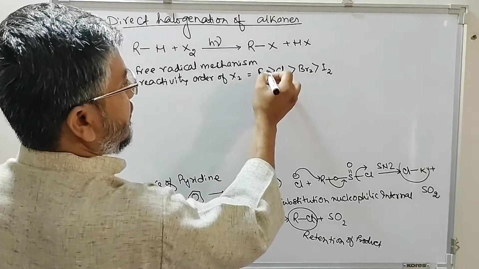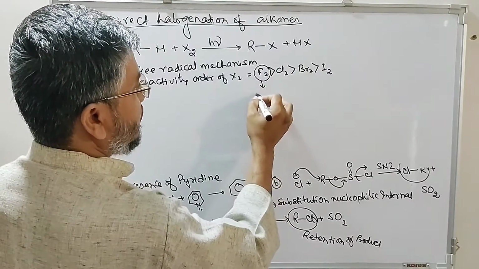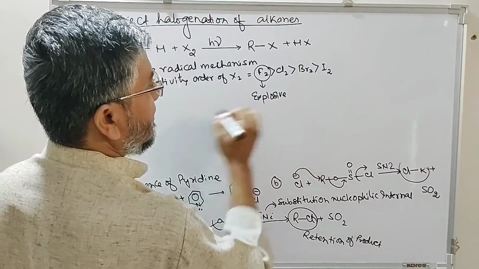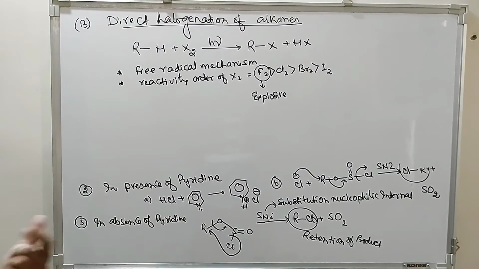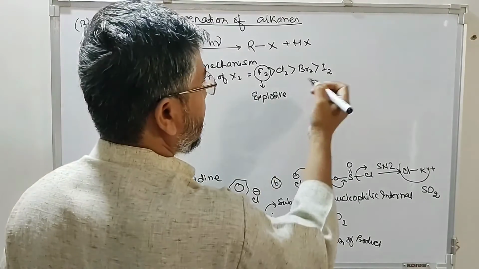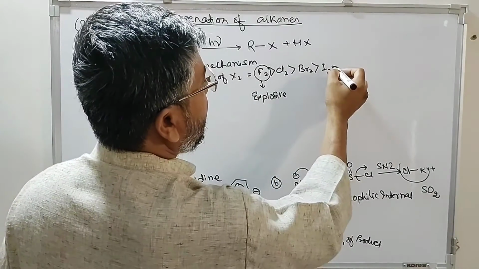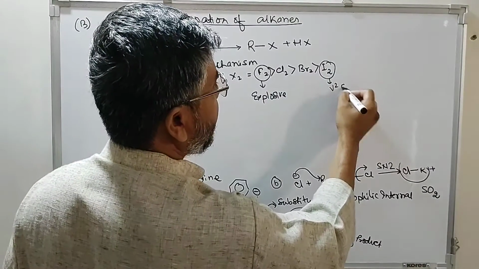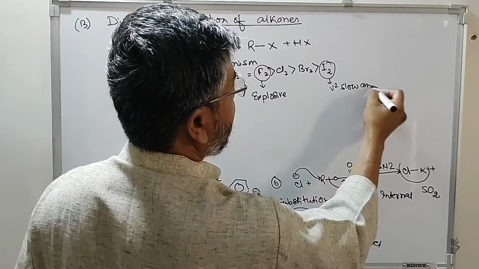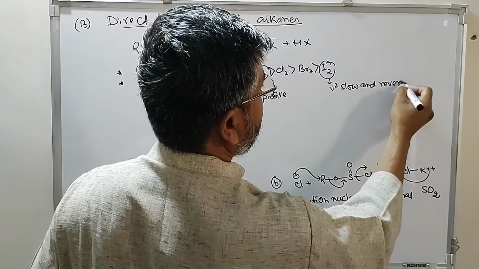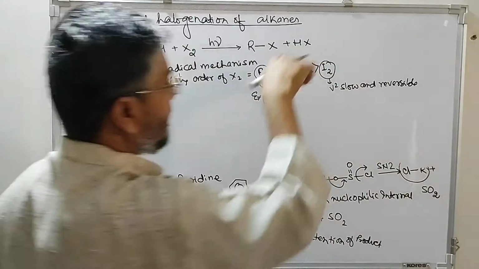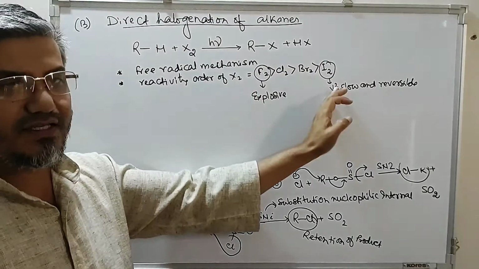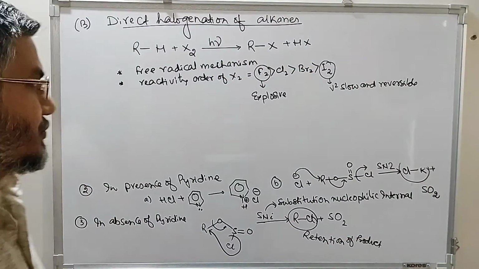The reaction with fluorine is explosive, means highly exothermic, means it's very difficult to control the reaction at room laboratory condition. Reaction with I2 is very slow and reversible. So we'll mainly focus on Cl2 and Br2. For fluorination and iodination, some modified methods will be used.